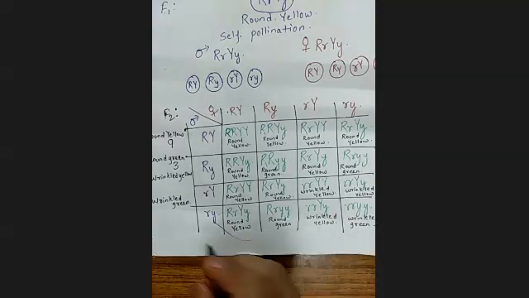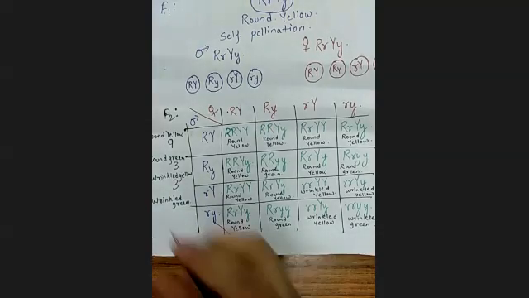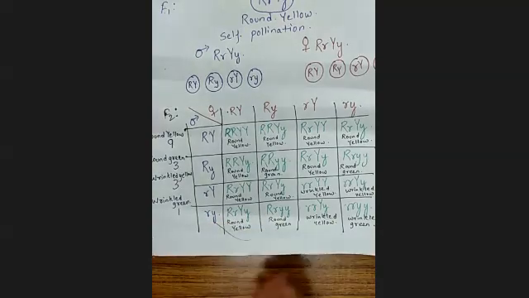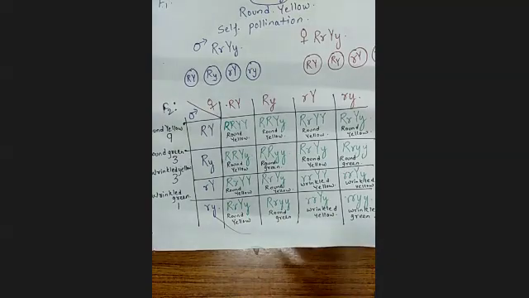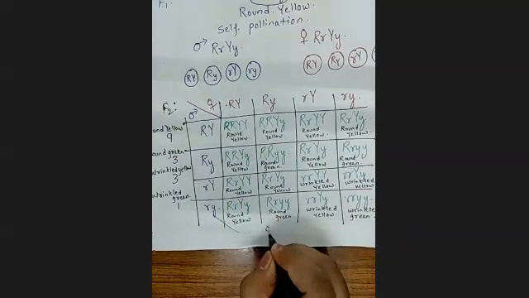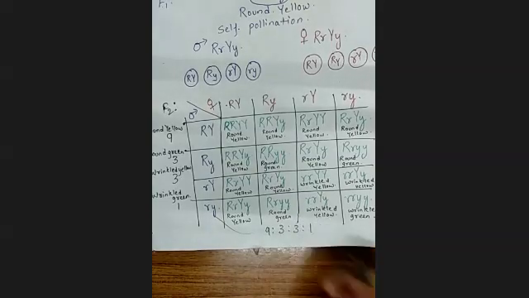Fine. And wrinkled and green. Ma'am, last one, only one. Okay, 1. So that means the ratio he obtained in the F2 generation when he was studying two characters simultaneously was 9:3:3:1. Understood this?